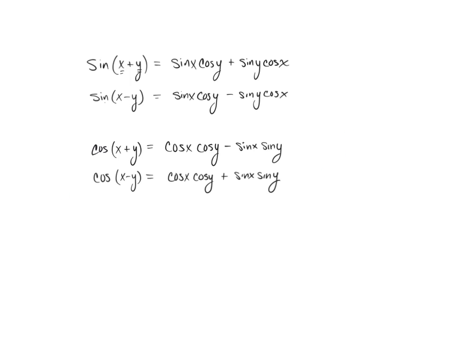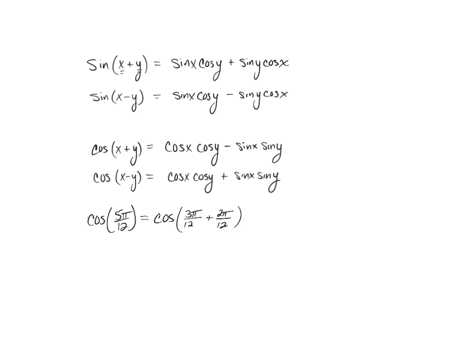Just for what it's worth, these things are usually asked in a way like, find the cosine of 5 pi over 12. That's not one of the regular angles on your unit circle. But what you're supposed to realize is that you can write 5 pi over 12 as 3 pi over 12 plus 2 pi over 12.